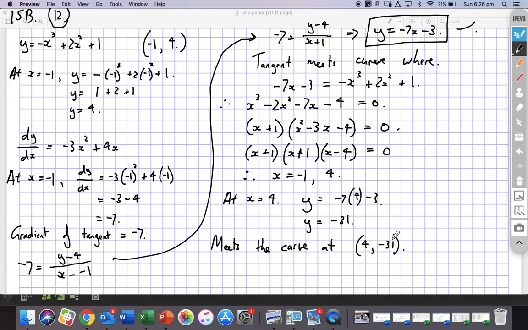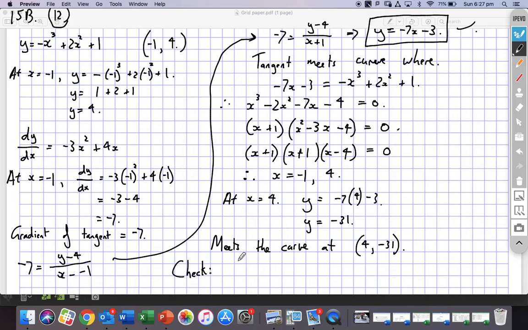Now I could check this is really working. So that point should be the same in this equation here as well. So if I put 4 in here, what happens? Just going to do a little check.